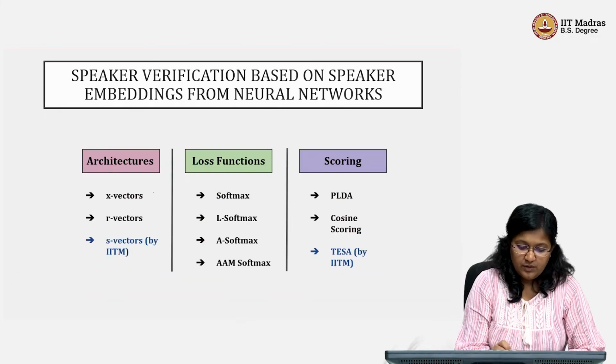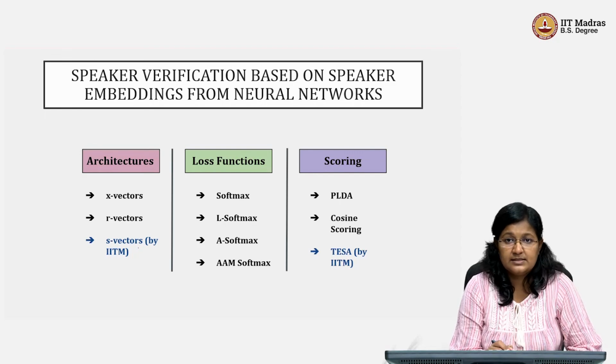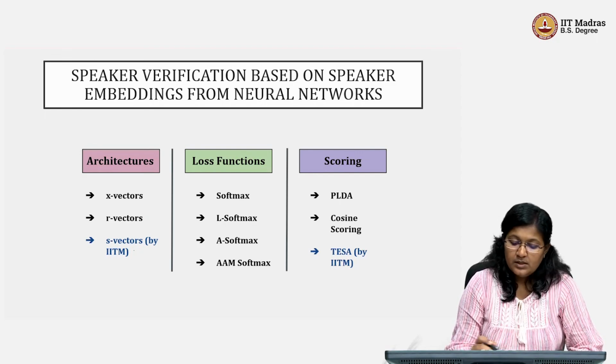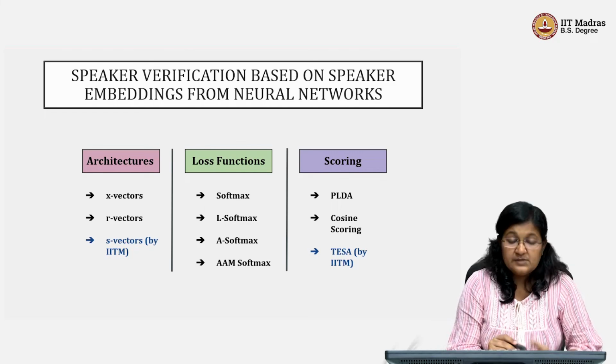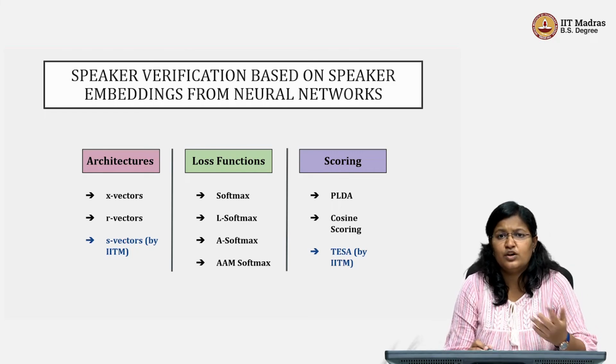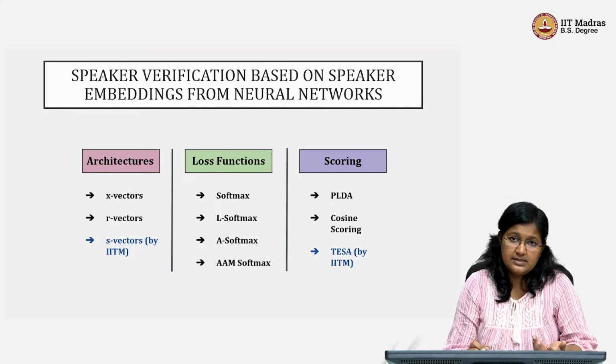As mentioned before, there are 3 speaker classification architectures that we will be discussing in detail: X vectors, R vectors and S vectors. The speaker classification architectures use lots of different loss functions, and research is still on. Different loss functions are giving improvements over the existing ones.